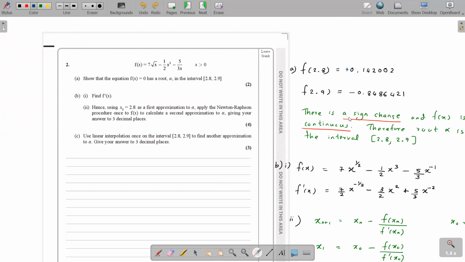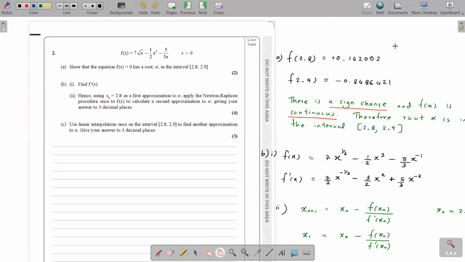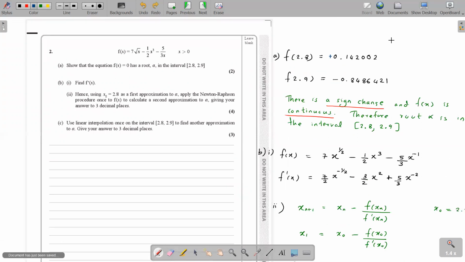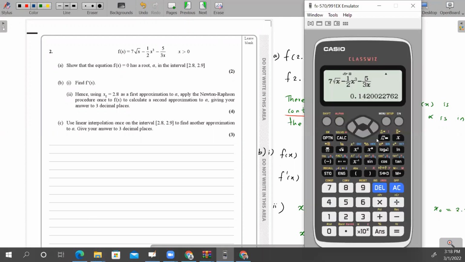It's a positive answer. Can I have the full figure? 0.1420022. The f of 2.9 answer is 0.8486421. The more figures you use, the better.